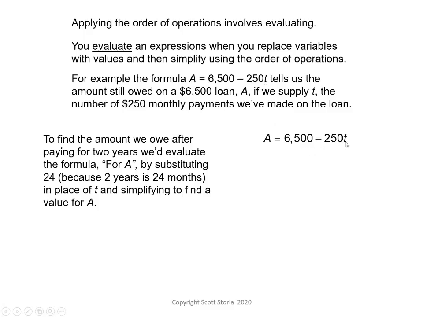And so we have to replace T with 24. 2 years is 24 months. Now we have an expression that we can simplify. We know by the order of operations we're supposed to multiply before we subtract. And then after subtracting, we find that after paying for 2 years, we still owe $500.